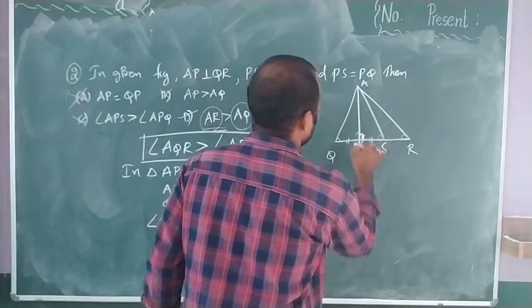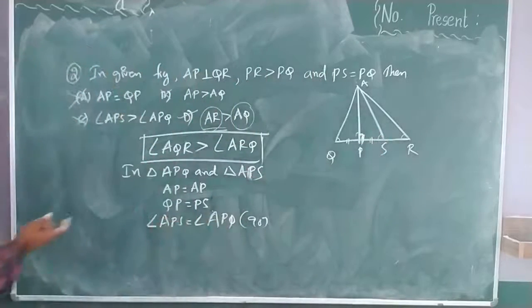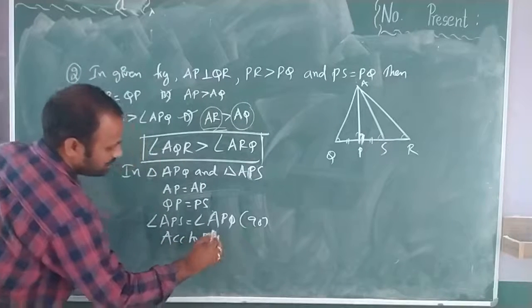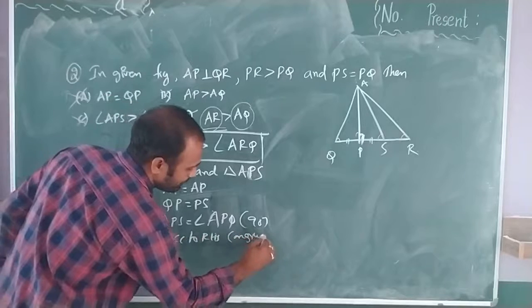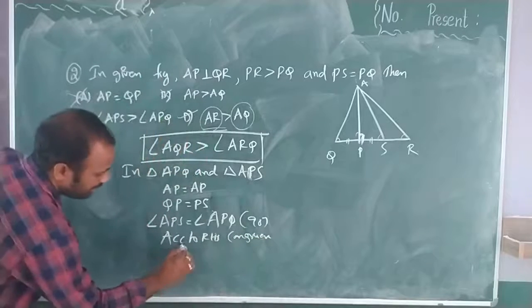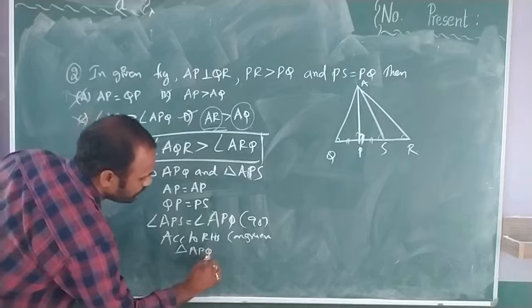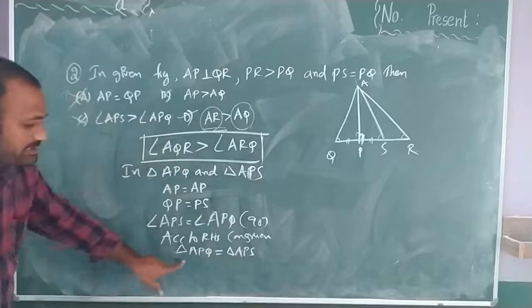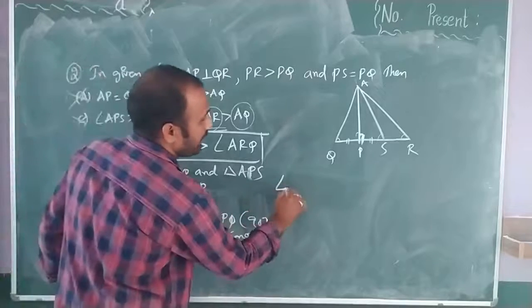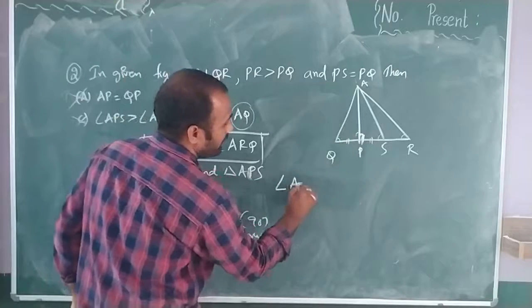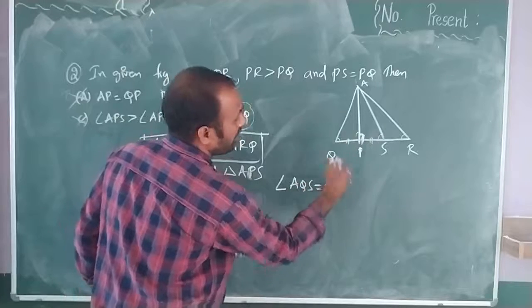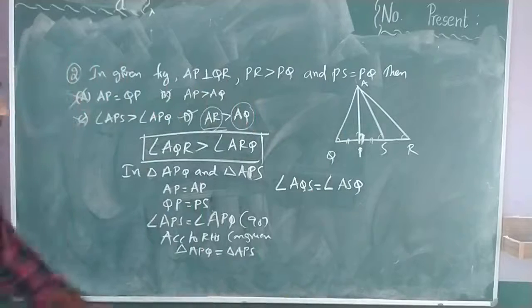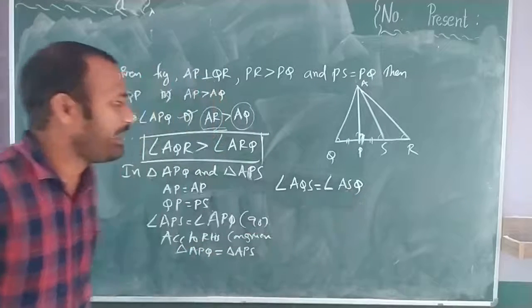Since they are perpendicular, we can call it RHS congruency, triangle APQ equals triangle APS. So by CPCT, angle AQS is equal to angle ASQ.